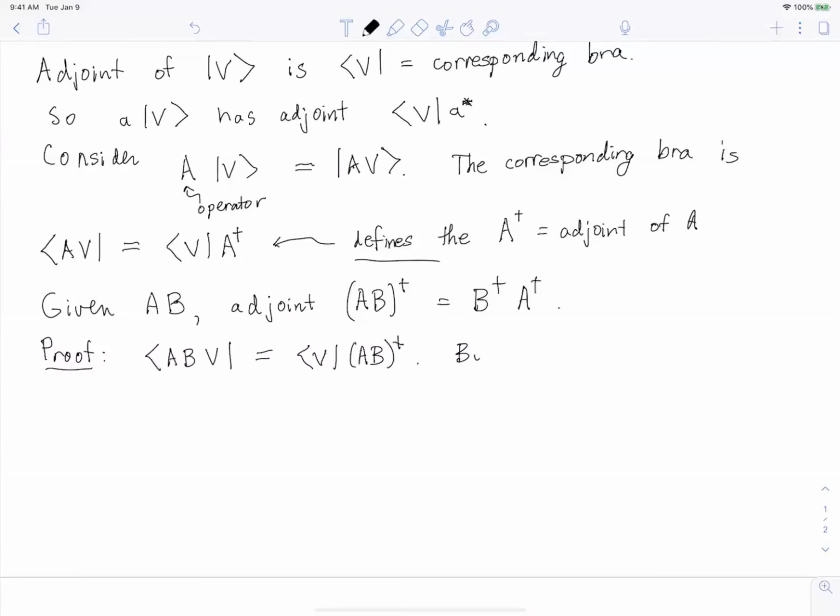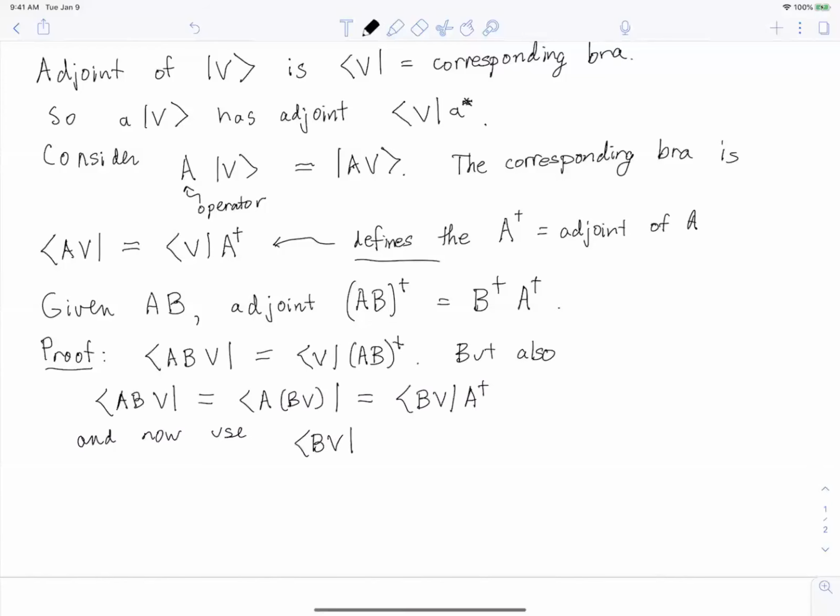But it's also true that I can write A times B times V is equal to A acting on BV, which again by definition is the bra BV with A dagger acting on it from the right. And now we can use that BV as a bra is equal to the bra V times B dagger.